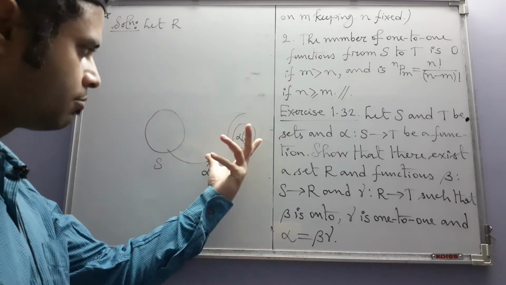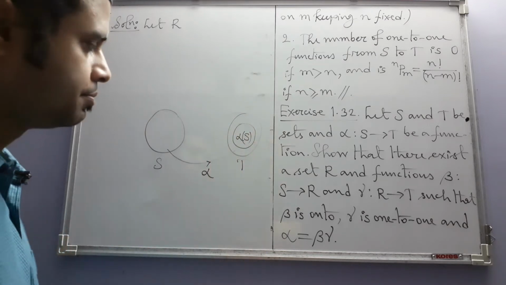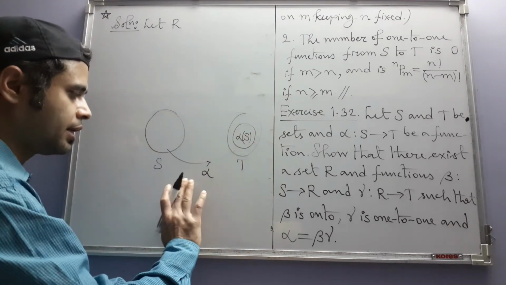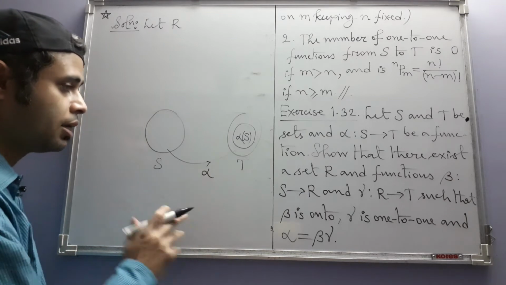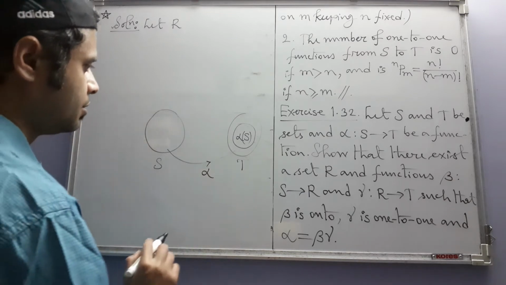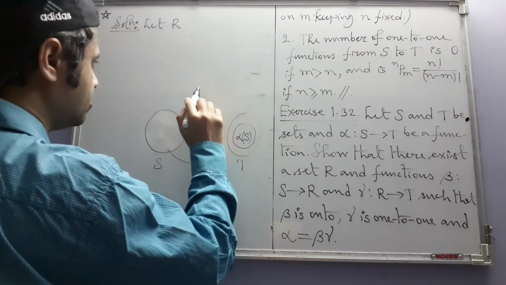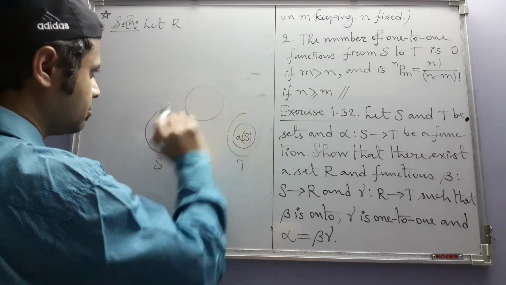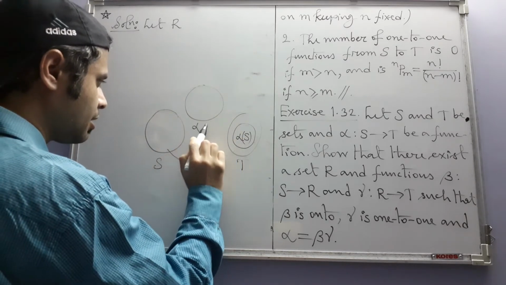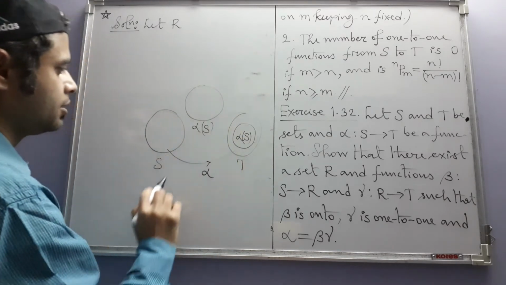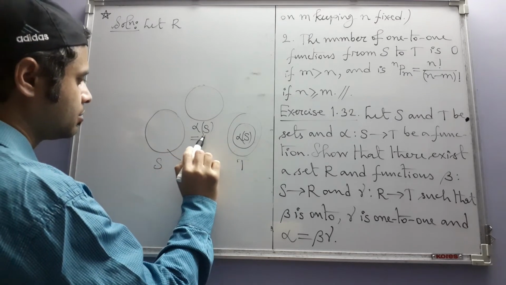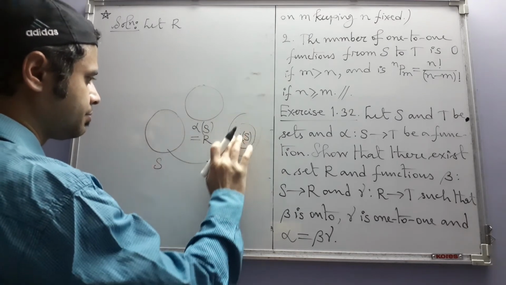Otherwise, if it is equal to T, then alpha is onto. And right now we are not thinking about one-to-one-ness of alpha. So what we plan to do here is to make this alpha of S itself the intermediate set R.